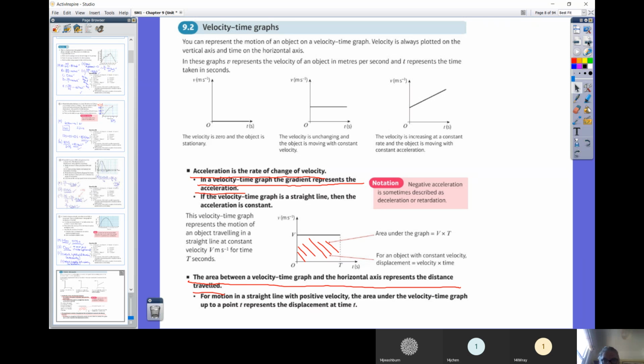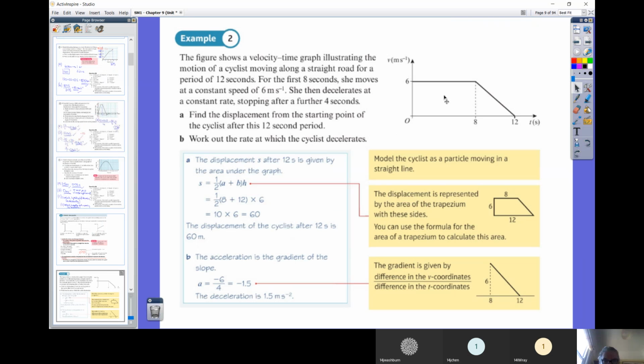It's a simple enough example here. Here's a velocity time graph. We're being asked for the displacement over the 12 seconds. So we're just working out the area of this shape here. It's obviously a trapezium, so they've worked it out by averaging the two parallel sides and multiplying by the height. So that length added together with that length divided by 2 to get the average, multiplied by the height.